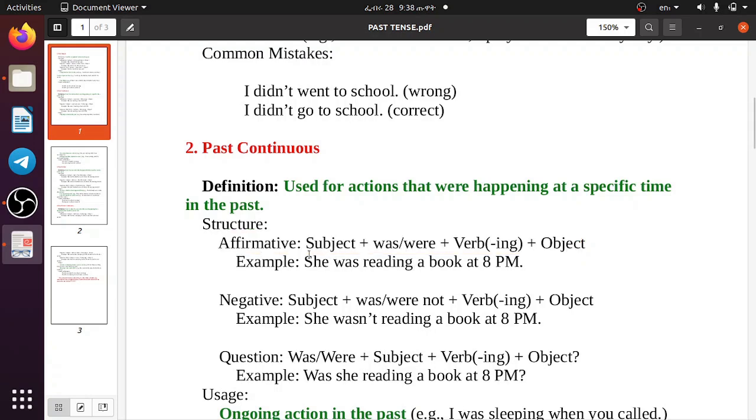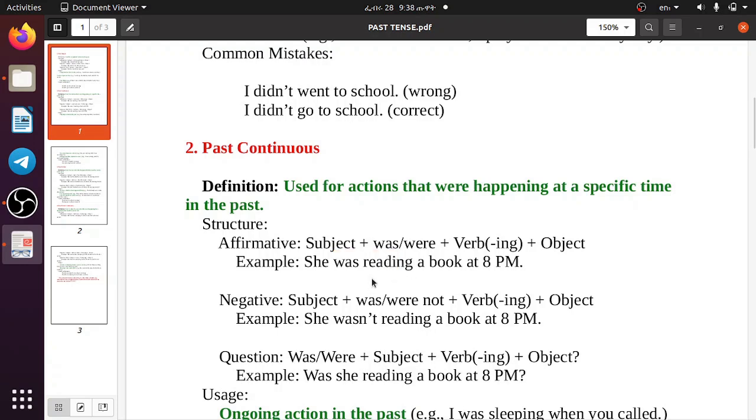For example, she was reading a book at 8 o'clock p.m. She is subject. Was reading is was plus verb ing. This is verb ing. A book at 8 o'clock.